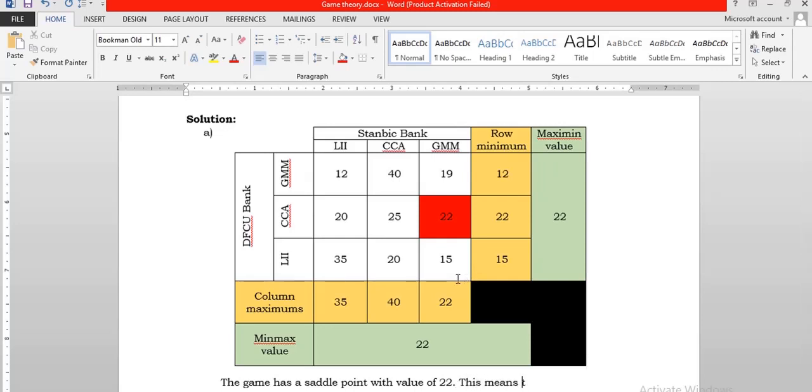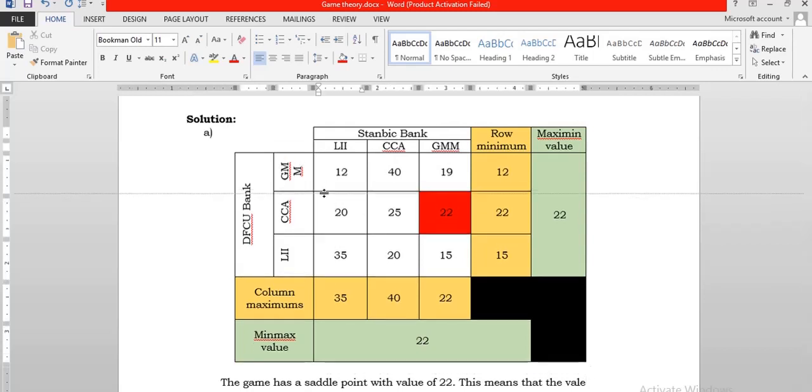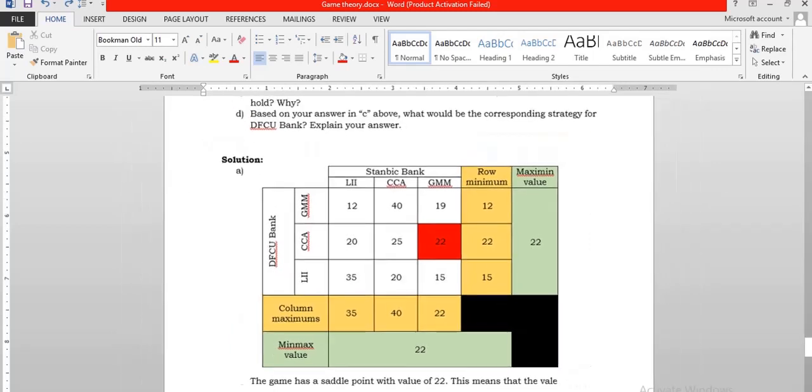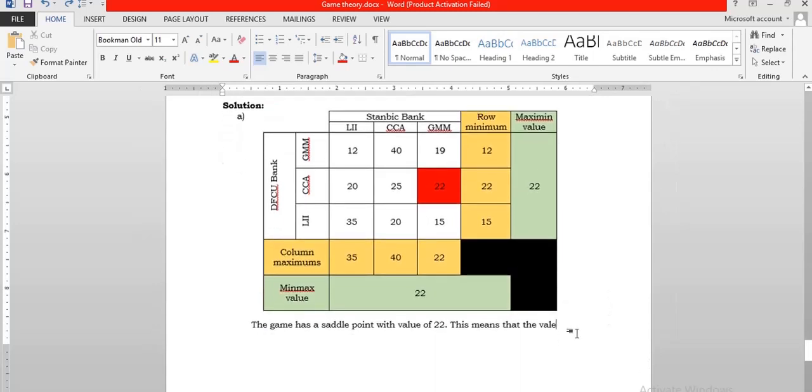This means that the value of the game, if I can squeeze this a bit so it can fit here, it can't fit, right, I'll just push it down, the value of the game is 22.